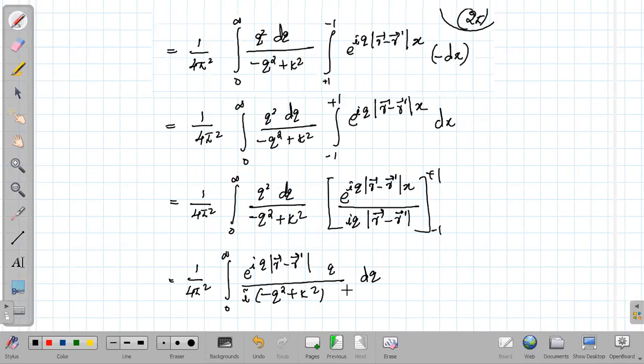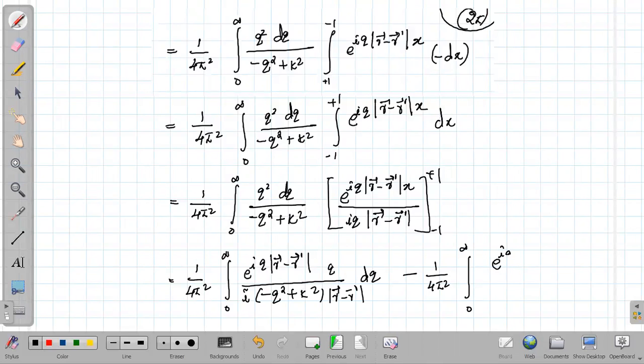Then it is modulus of r minus r prime, then minus 1 upon 4 pi square, integral 0 to infinity.